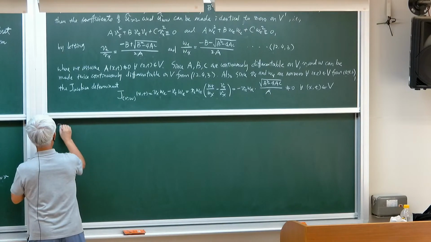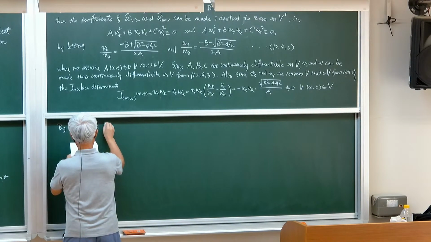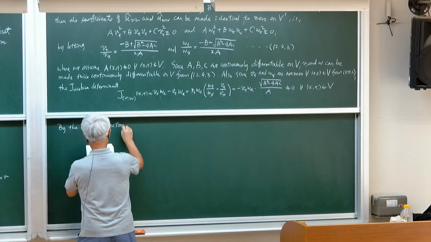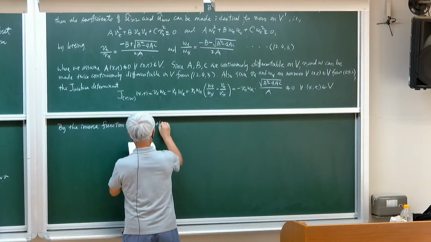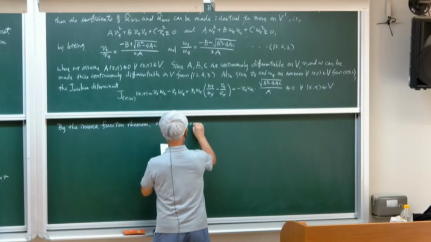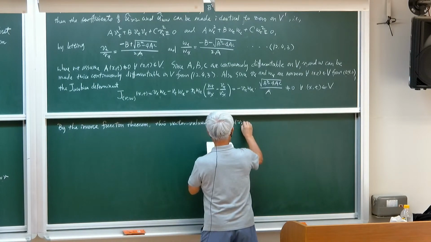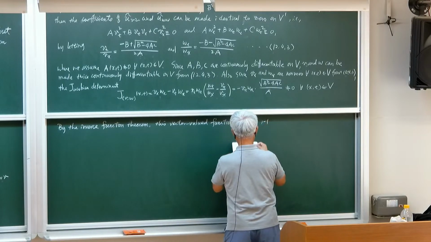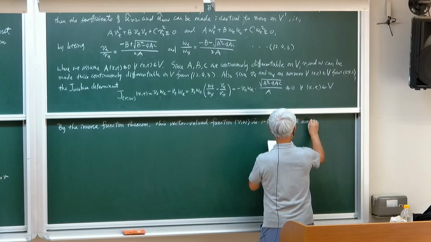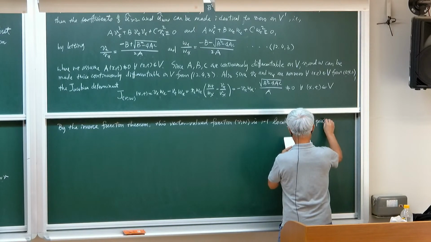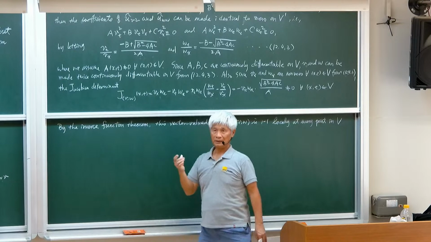Okay. Now by the inverse function theorem, this vector-valued function (V, W) is 1-to-1 locally at every point in V, because again, the Jacobian is non-zero.